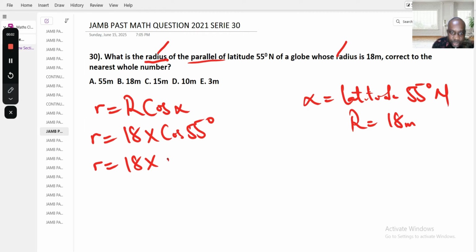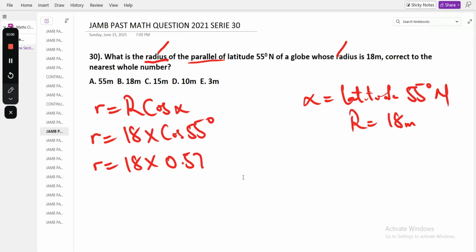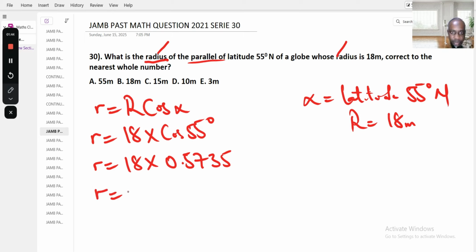It gives us 0.5735. Now let's multiply it by 18. It gives us the radius. It gives us 10.32.